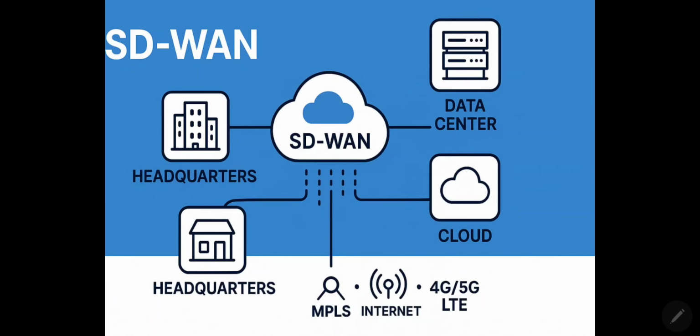SD-WAN is a technology, and this technology has the function to manage all WAN, wide area network, traffic, and it is very flexible and very smart through software, including routing, security, and bandwidth management.